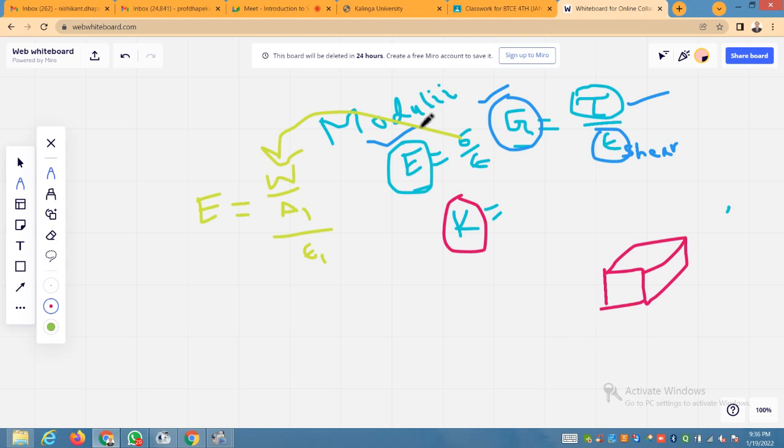Moduli is a plural name in mechanics of solids or strength of materials. And what is the difference between these three? Young's modulus is associated with length, modulus of rigidity is associated with shear, and bulk modulus is associated with volume change.